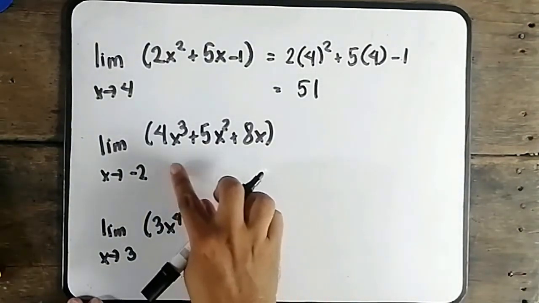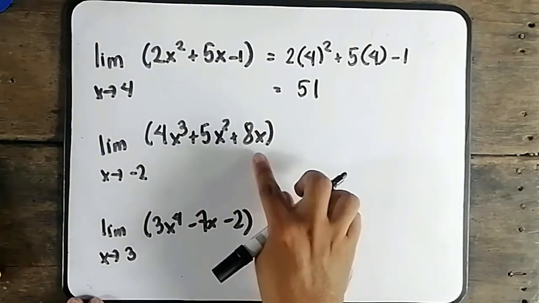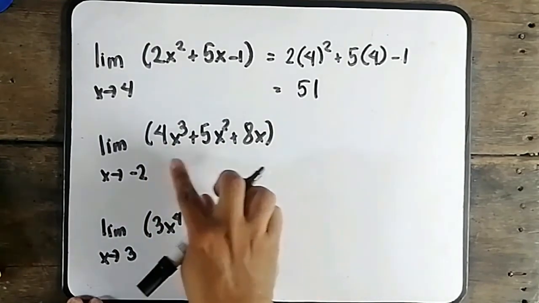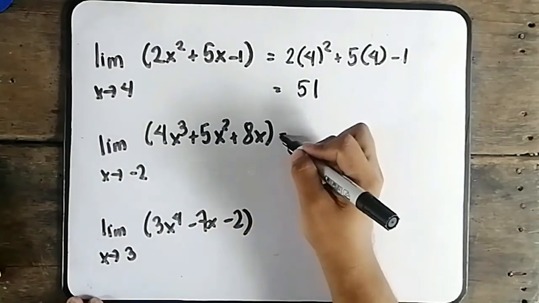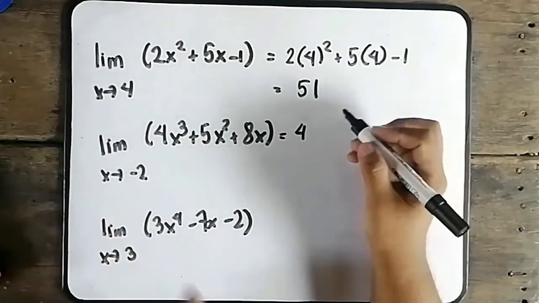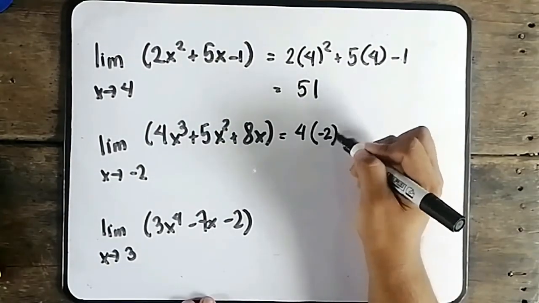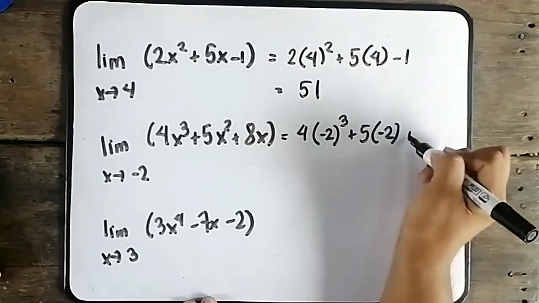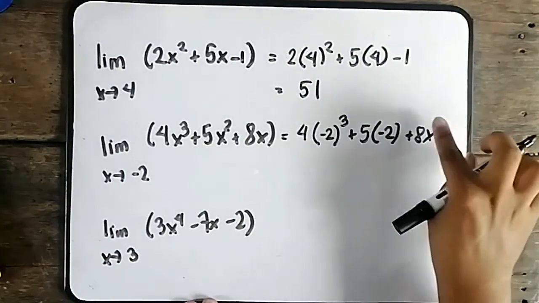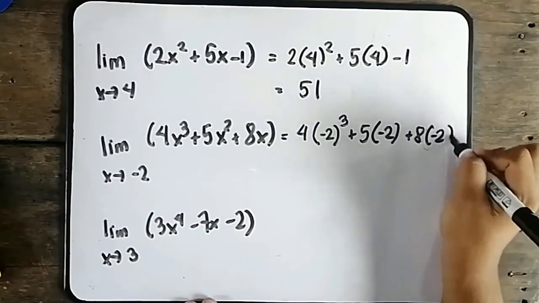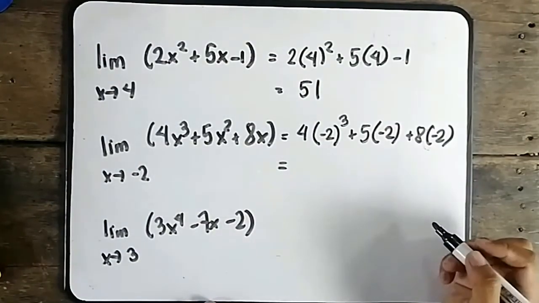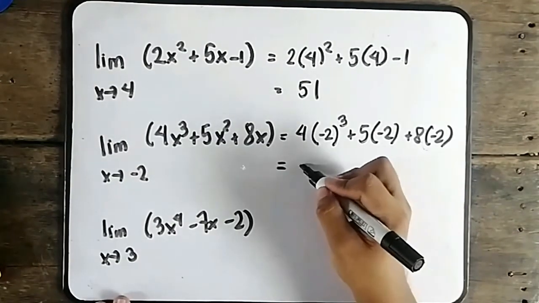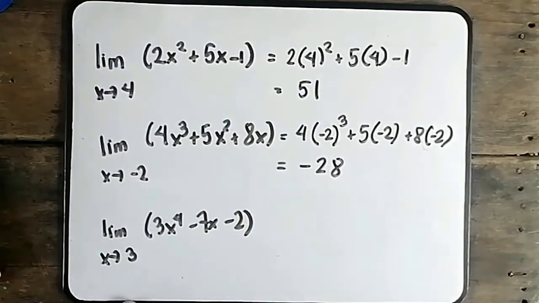Same is true with 4x cubed plus 5x squared plus 8x as x approaches negative 2. Since this is a polynomial, pwede natin siyang ipasok na lang yung negative 2. So we have 4 times negative 2 cubed plus 5 times negative 2 squared plus 8 times negative 2. So that is now equal to negative 28.